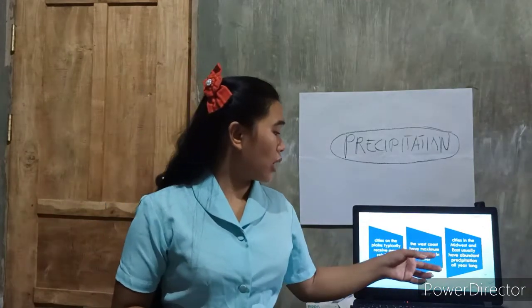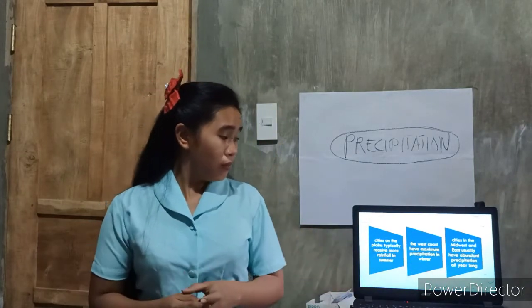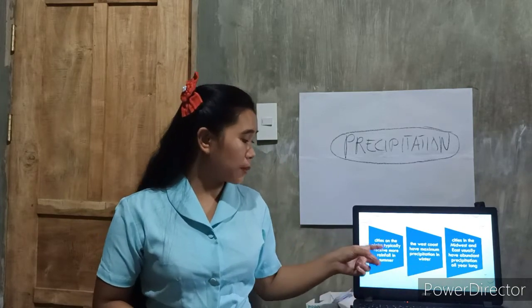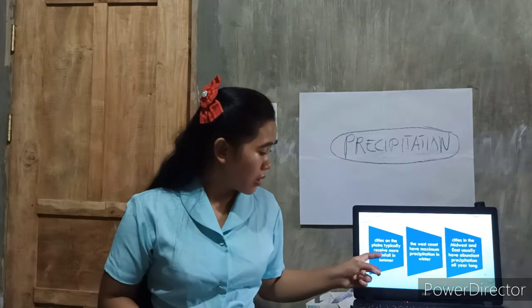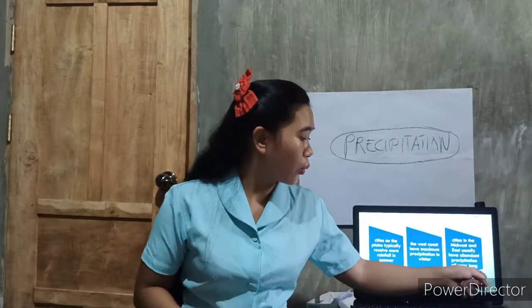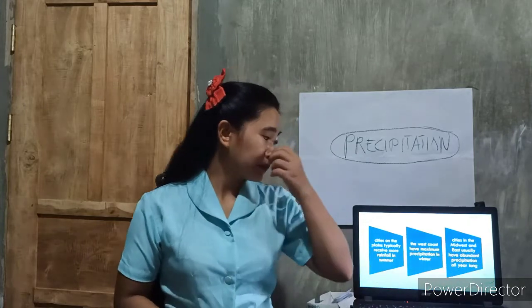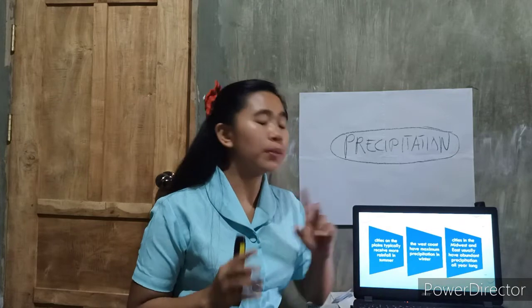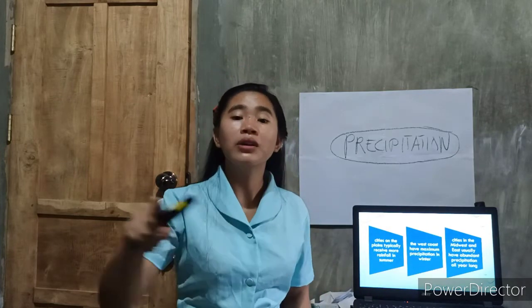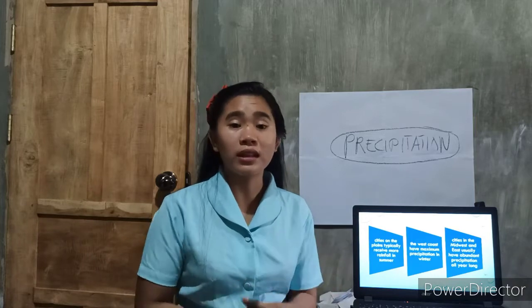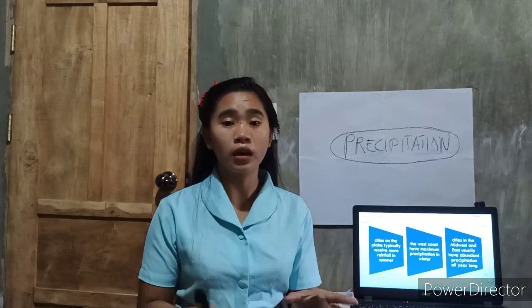So in the West, it has maximum precipitation during winter, while in the plains, we have more rainfall during summer. But in the Midwest and East, there is no specific season, rather it is all year long.